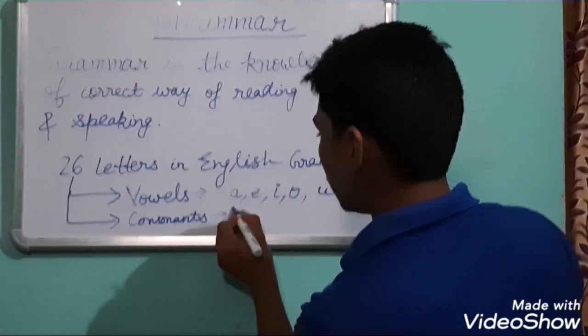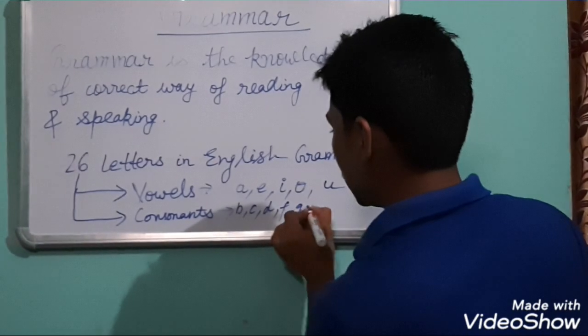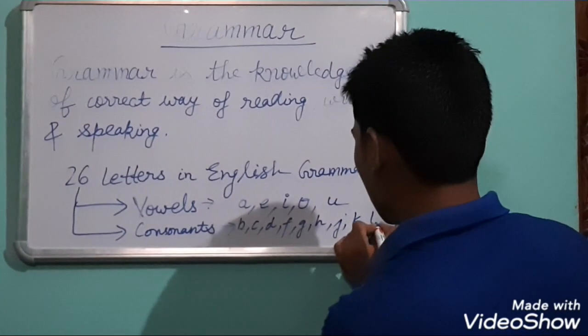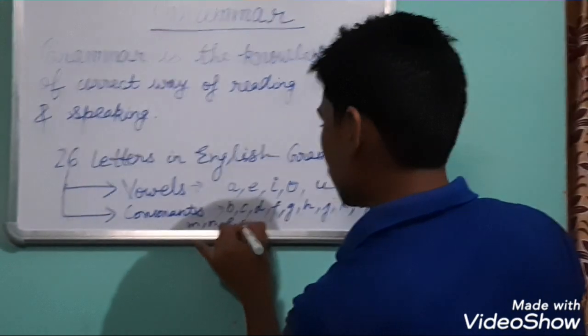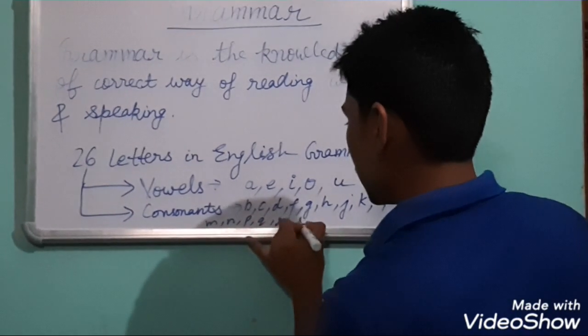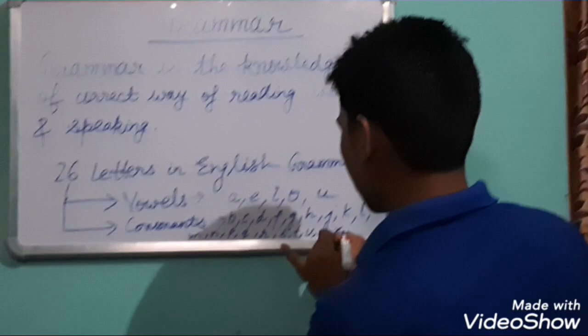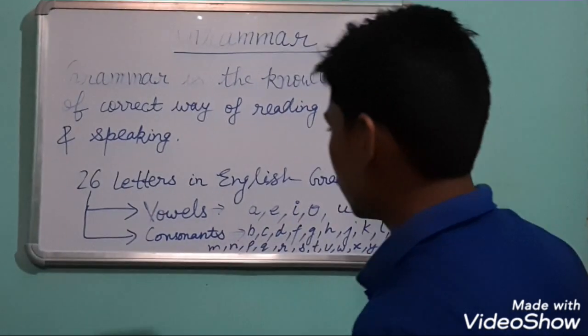Besides this, all the letters B, C, D, F, G, H, J, K, L, M, N, P, Q, R, S, T, V, W, X, Y, Z. So let's check it out.